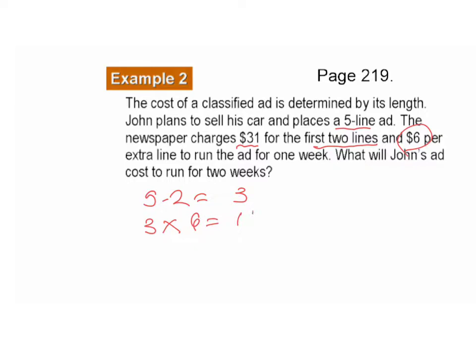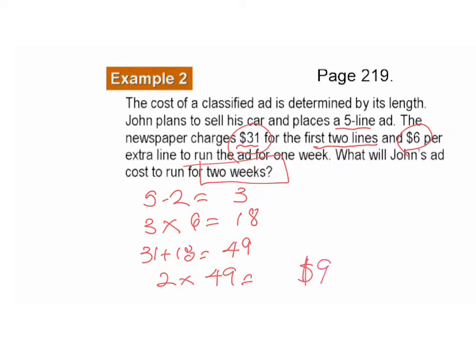That's $18. And then, of course, we have to add that to the original 31. 31 plus 18 is $49. And then we have to remember it's 2 weeks. So it's 2 times 49, which is $98 to run his ad. Get that down in your journals and we'll proceed to the next slide.